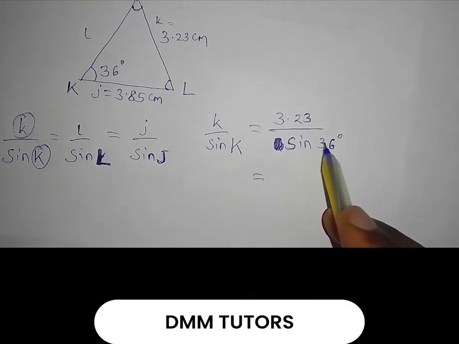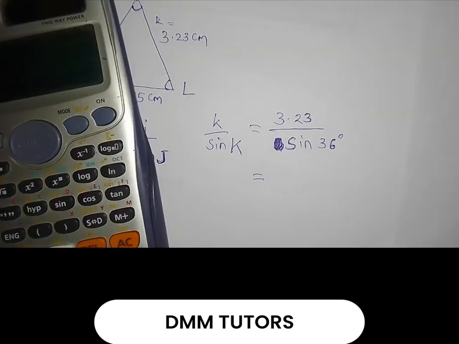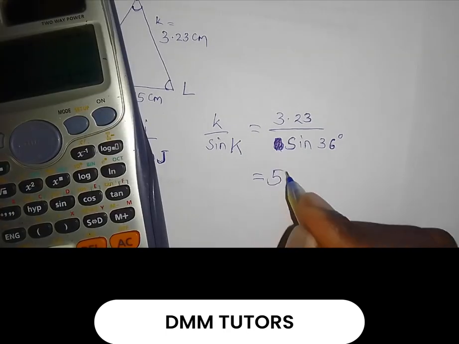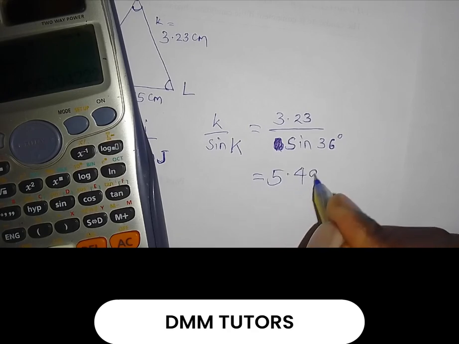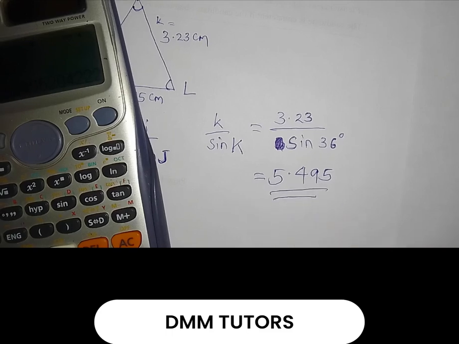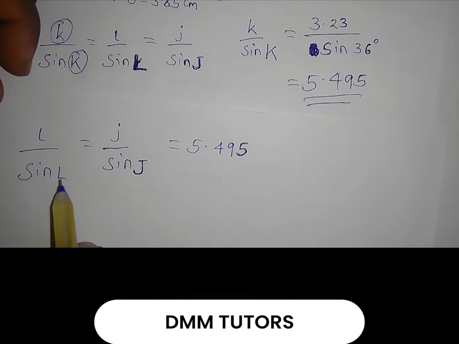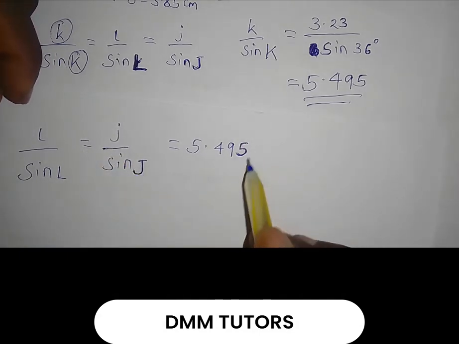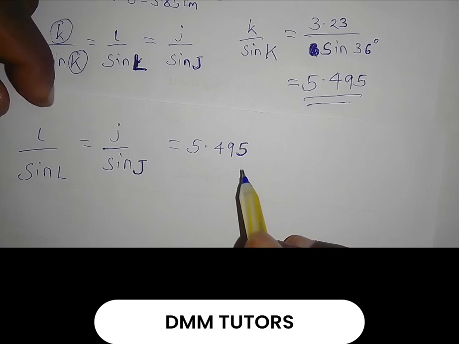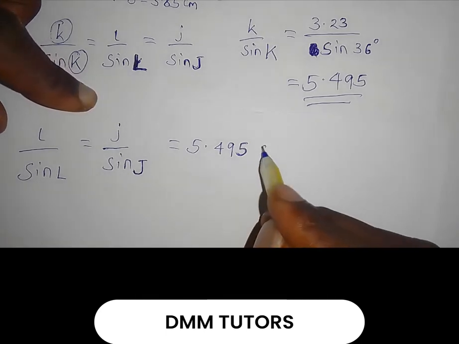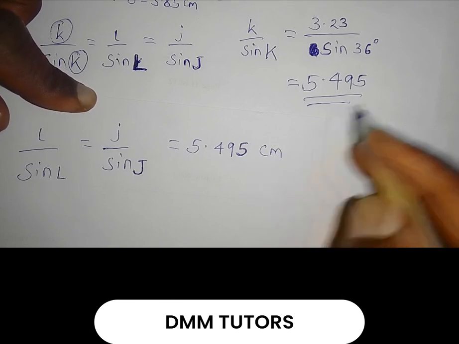3.23 divided by the sine of that 36 we have. So I have 5.495. So therefore L over sine L equals J over sine J and equals this ratio, which actually has the unit centimeters.